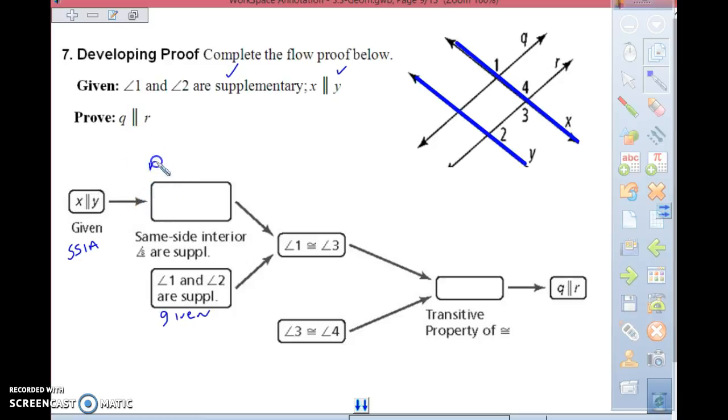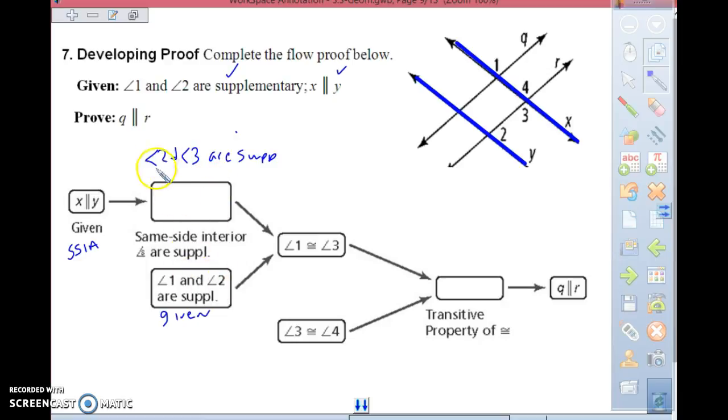So we're going to say the measure of angle 2 plus measure of angle 3 equals 180. And actually, I think I should use those words instead, excuse me. So we would say angle 2 and angle 3 are supplementary.